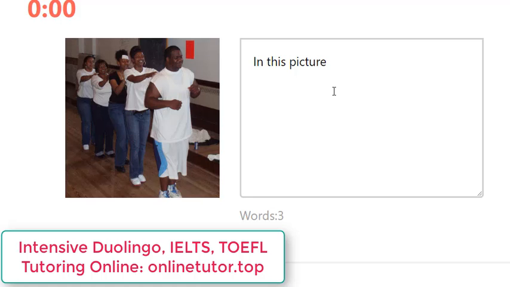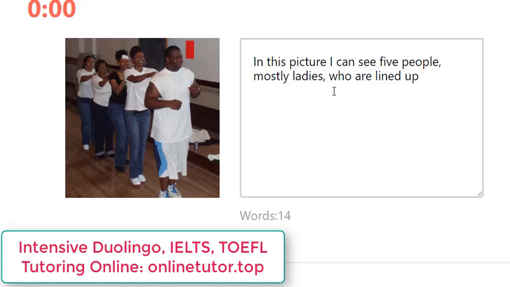So, in this picture, I can see, so I don't care about my introduction, I can see, for example, 5 people, comma, mostly ladies. Yeah, I see that they're mostly ladies. Again, comma, who are lined up. I could have written just "lined up" without "who are," but I want to add some words.